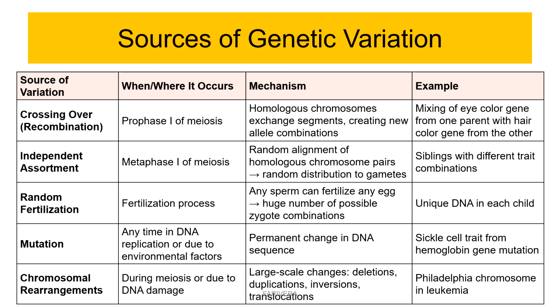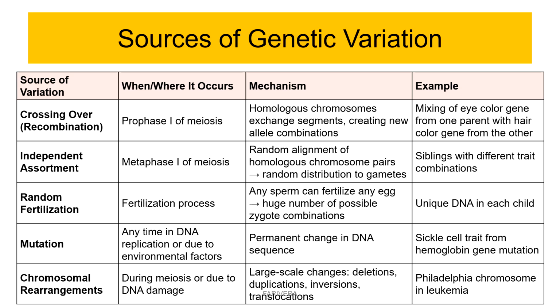Okay, so let's talk about sources of genetic variation. Why are siblings from the same parents genetically different? Okay, so I repeat the question. Why are siblings from the same parents genetically different? Several processes actually create genetic variation.